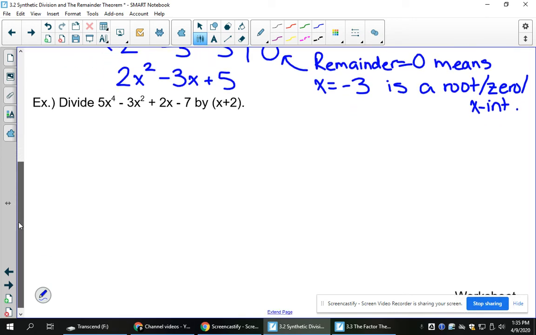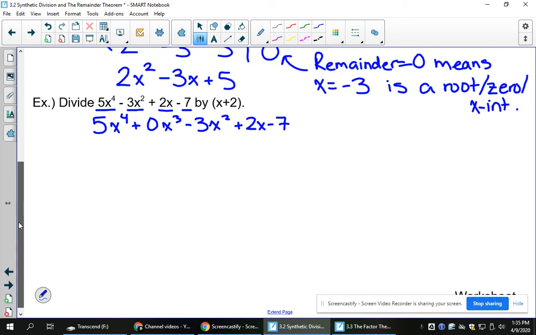Try the next one. This is the example I've been alluding to where a term is missing. We jump from x to the 4 to x squared. The x cubed term in there is 0. So I'm going to rewrite this 5x to the 4 plus 0x cubed minus 3x squared plus 2x minus 7.